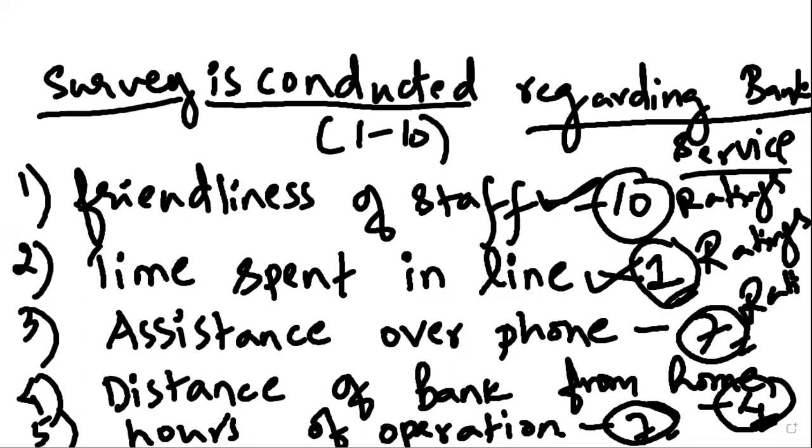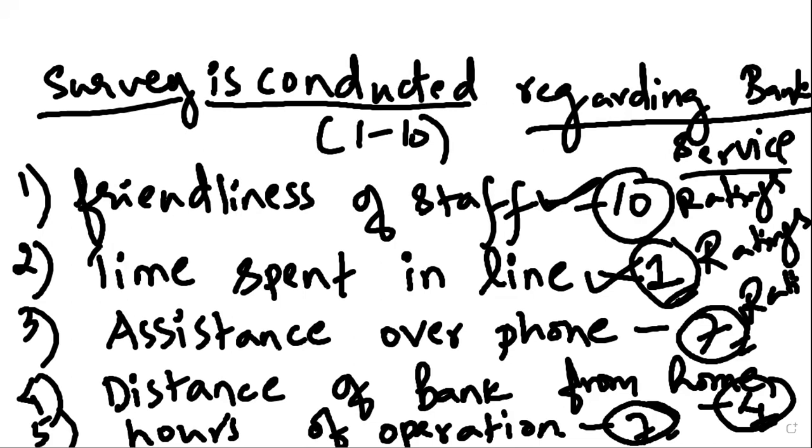Now, what is being done is they try to find out if there is any correlation. For example, if you look at the first question, there is a certain type of correlation between the first, second, and third, because the ratings are almost the same. The first question is rated by the first customer as 3. The same customer has rated the next as 2, and the next as 4.